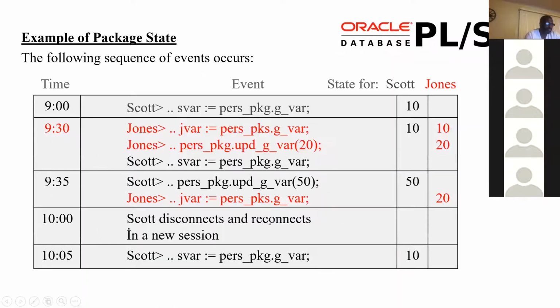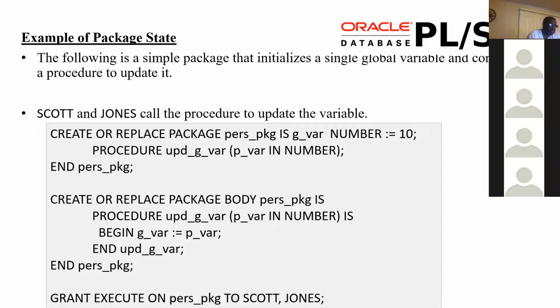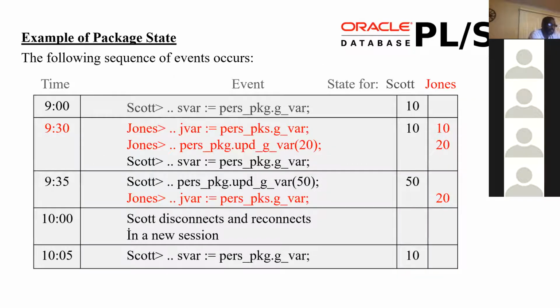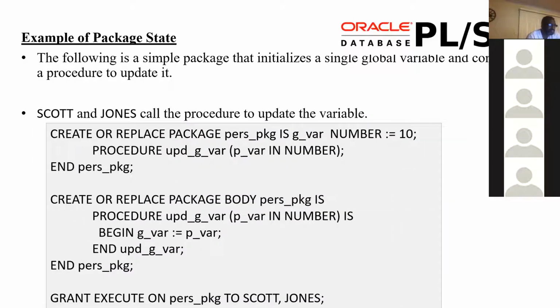All right, this is an illustration of how this works. Let me go back. You see the variable in here, p-var, and the procedure is update g-var, p-var in number, etc. If you look at these literal values, this is a little confusing. So Scott and Jones call the procedure to update the variable.